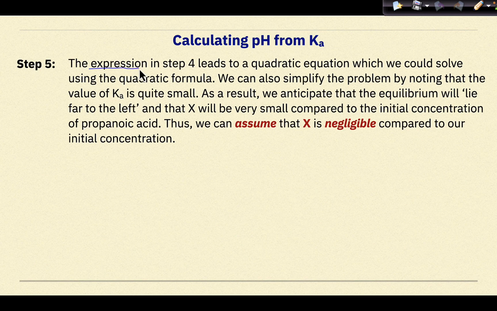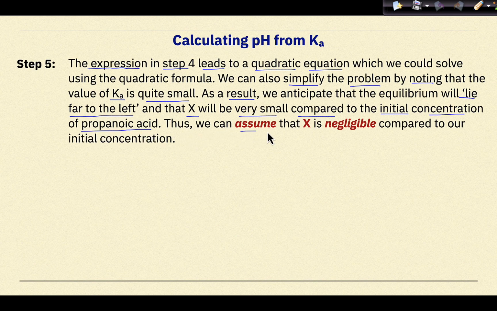This leads to step 5. So the expression in step 4 leads to a quadratic equation, which we could solve using the quadratic formula. We can also simplify the problem by noting that the value of Ka is quite small. As a result, we anticipate that the equilibrium will lie far to the left and that x will be very small compared to the initial concentration of propanoic acid.